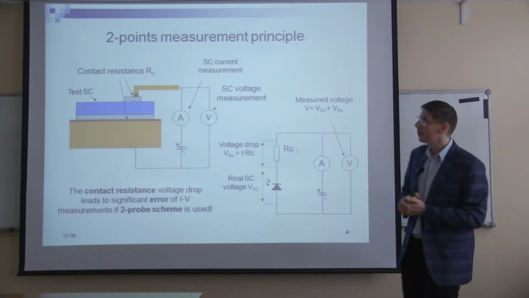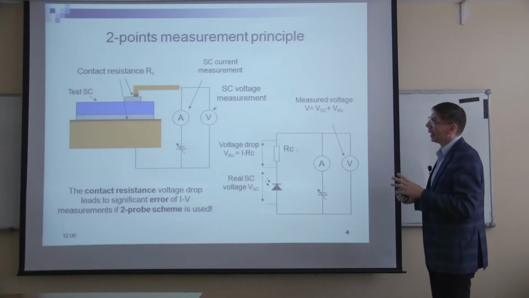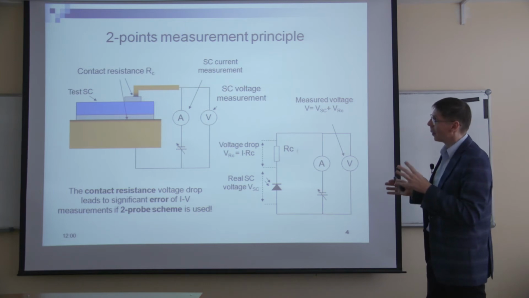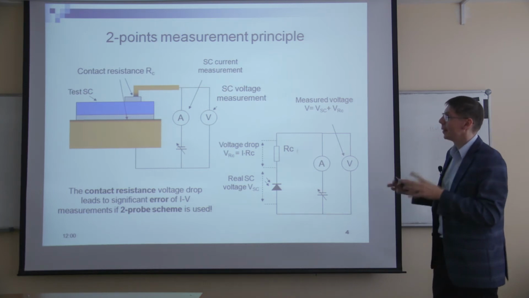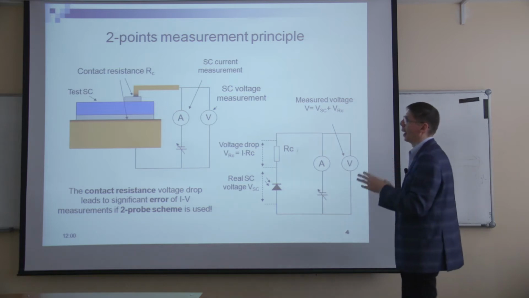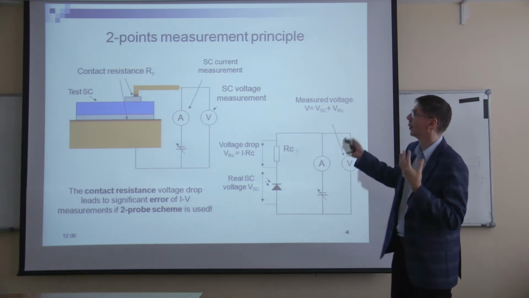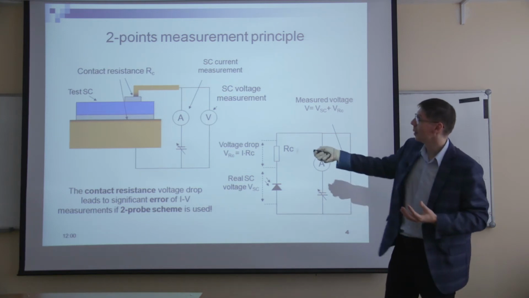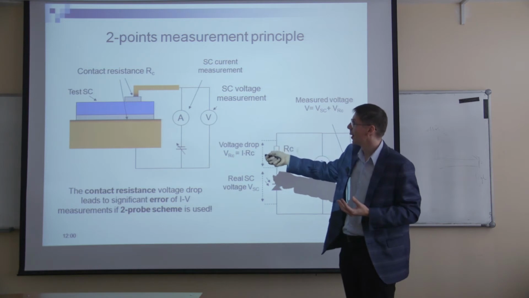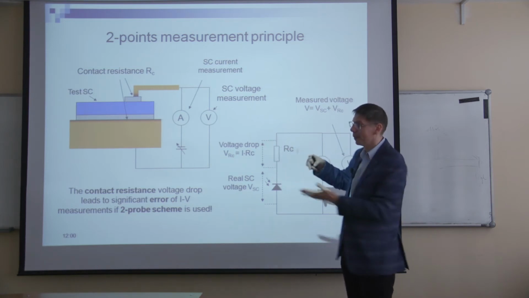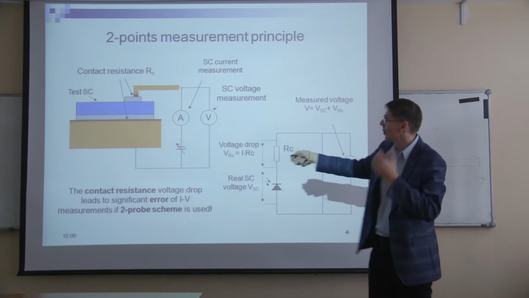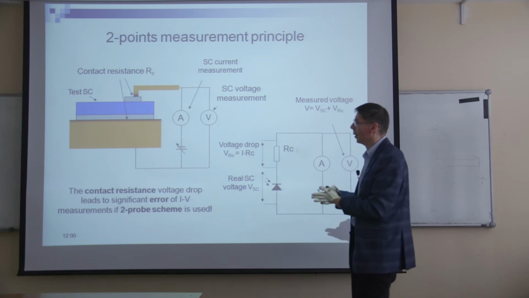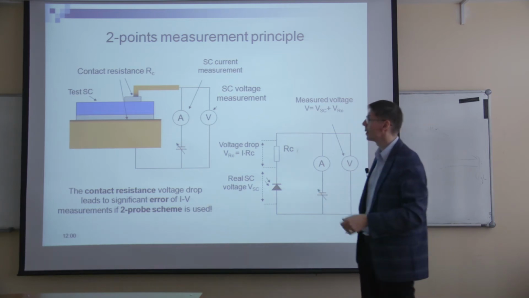And another point, another problem which is more practical, is when you try simply to measure the IV curve of a solar cell using 2 points, which seems to be the reasonable way. For example, if you have a solar cell like this, you can use one tip on the top and some conductive table to have a contact with the back contact of a solar cell.